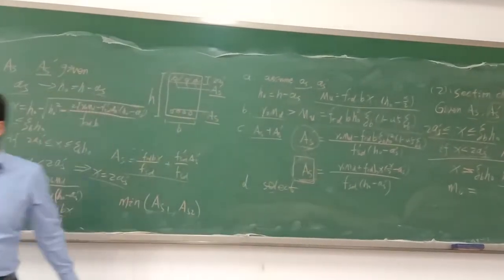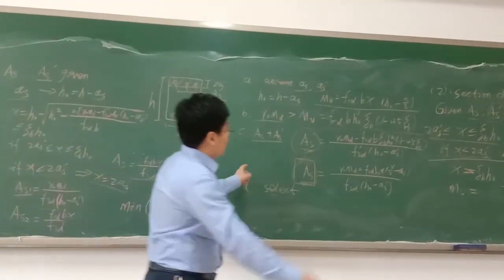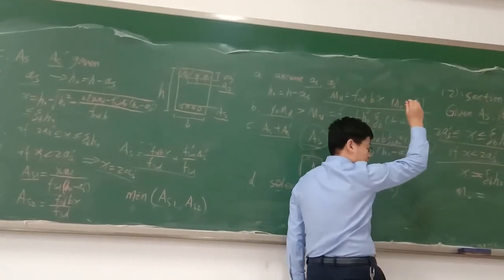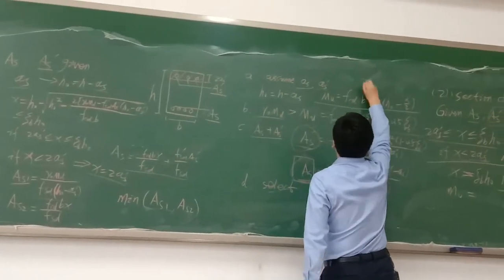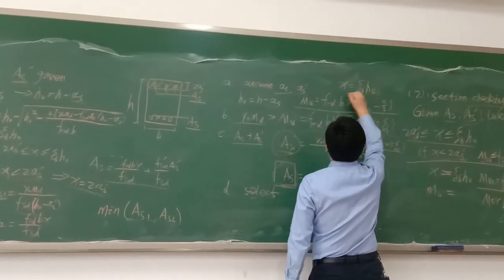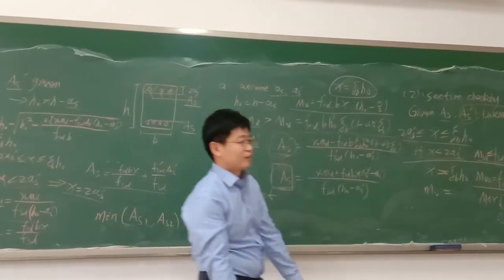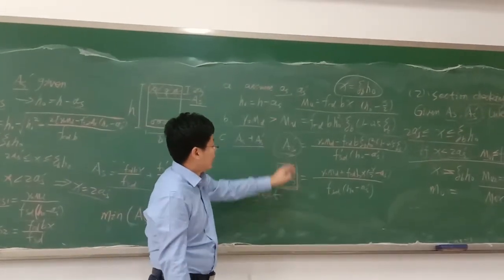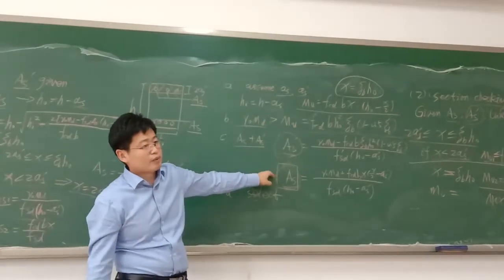So in this condition, another one is sometimes we assume x equal to CB H0. Use this condition, then finally you got AS prime and AS.